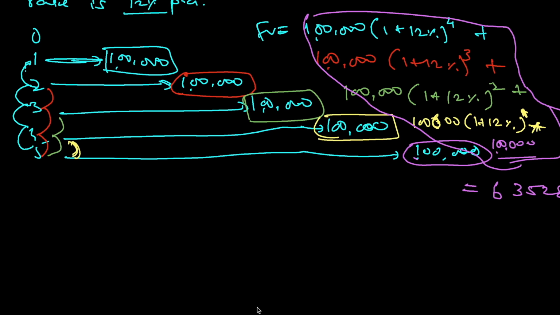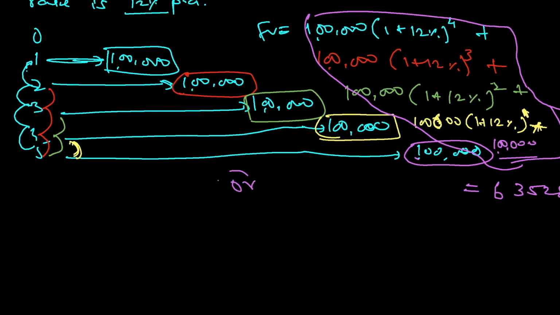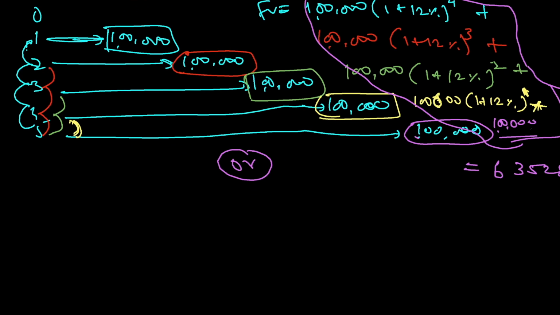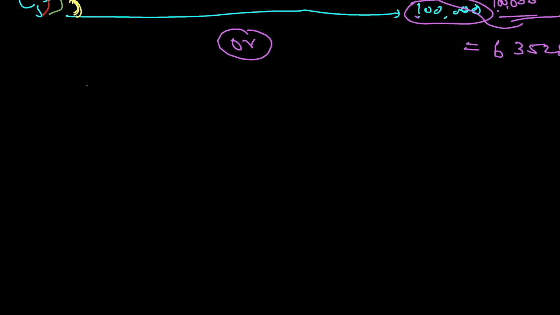I can do it like this, but it's a very lengthy method. So what is the other shortcut? The other way is to find the future value interest factor annuity. The formula is 1 plus r to the power n minus 1, divided by r.